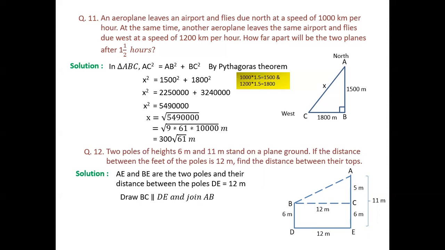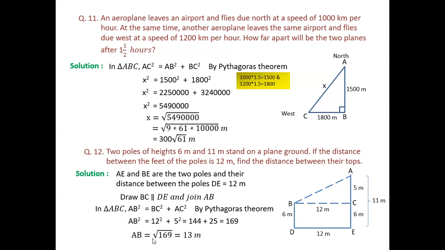Apply Pythagoras theorem to triangle ABC: AB square is equal to BC square plus AC square. Put the values: 12 square plus 5 square is 144 plus 25, which is 169. AB is equal to root 169, which is 13 meters. The length of AB, that is the distance between the tops of the two poles, is 13 meters.